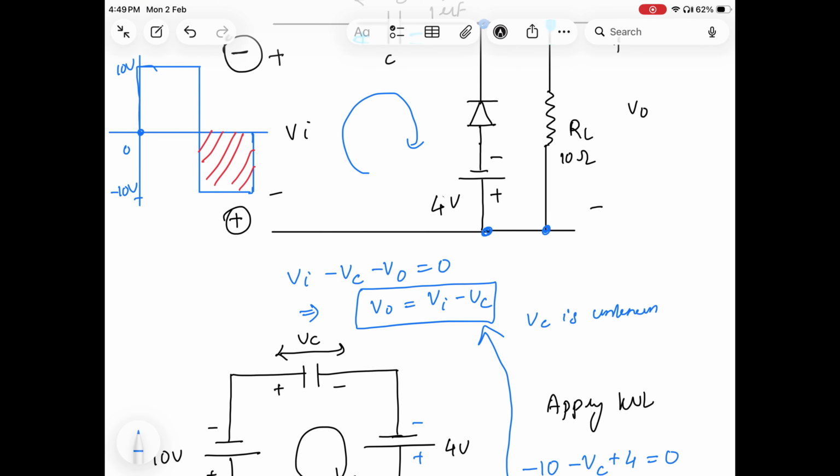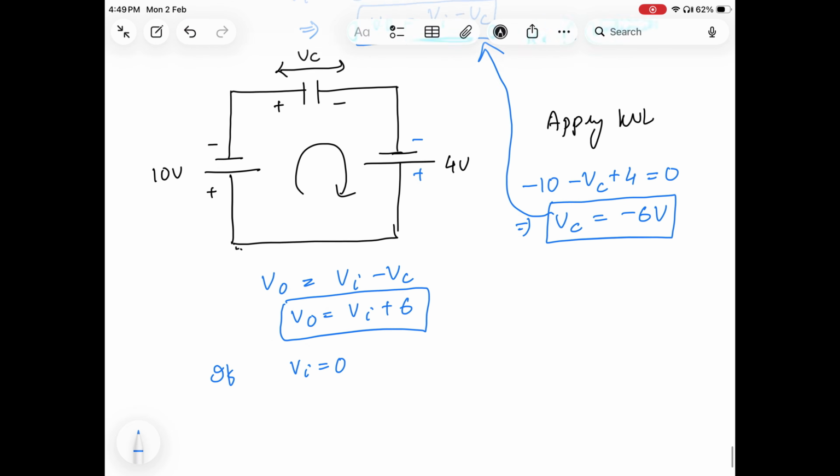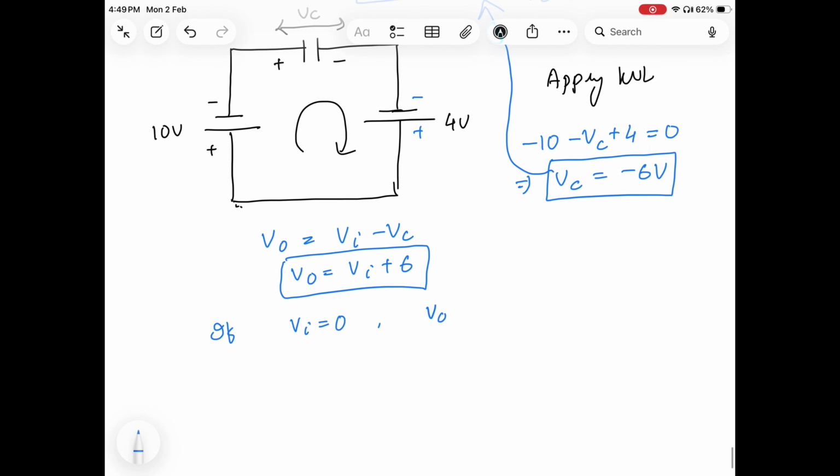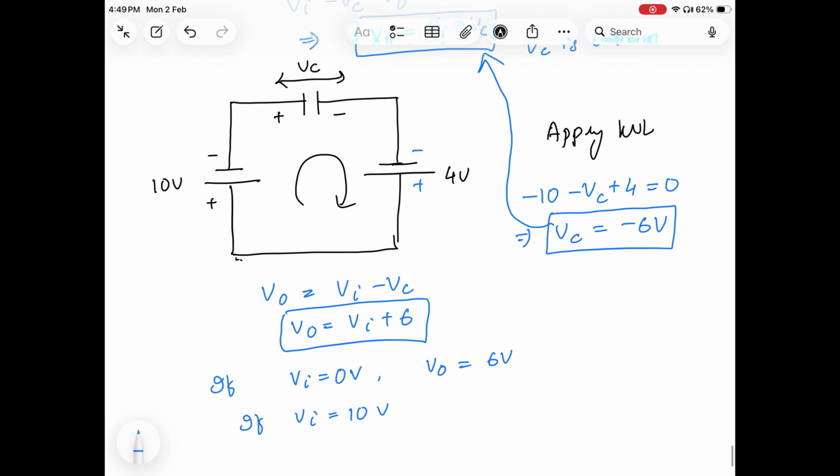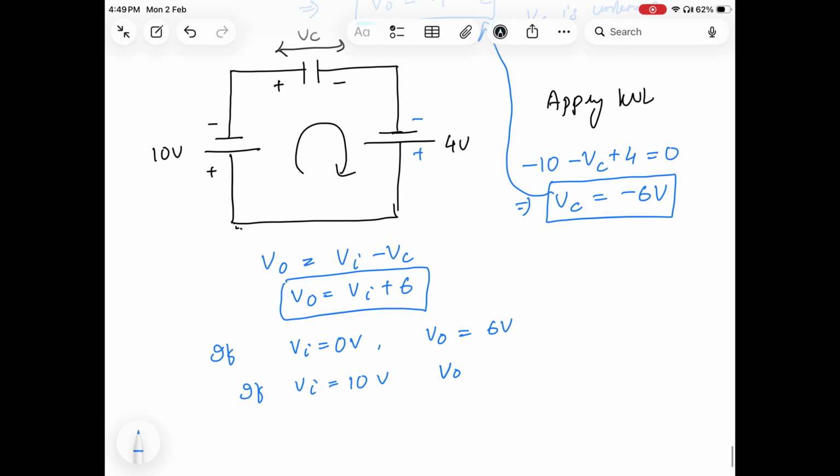So you can see here the waveform starts from 0. So when Vi equal to 0, at that time you will get V0 equal to 0 plus 6, that is 6 volt. Similarly, when the input voltage reaches maximum value, that means when Vi equal to 10 volt, I will get V0 equal to 10 plus 6, that is 16 volt.